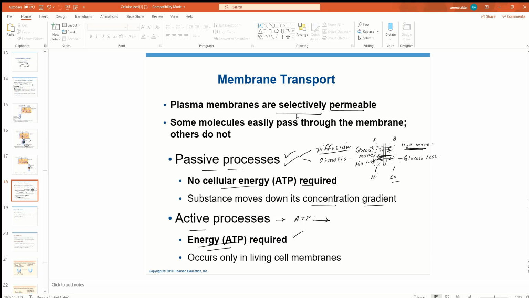So the movement of solute from high to low is called diffusion, and the movement at the same time of solvent or water from low to high is called osmosis, and both happen simultaneously to bring concentration equal on both sides. Solute is more on this side, will move from here to here. Water is more on this side, will move from here to here. Very simple.